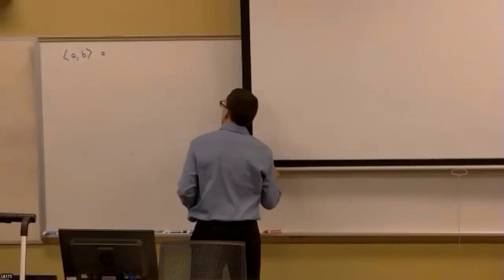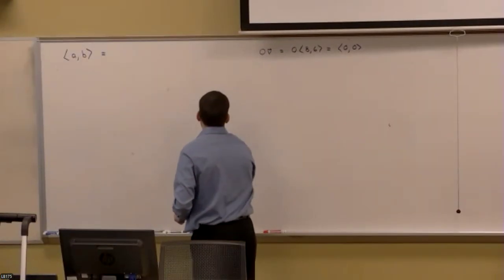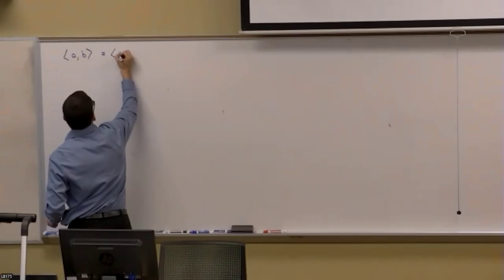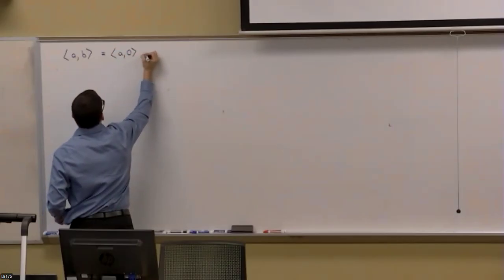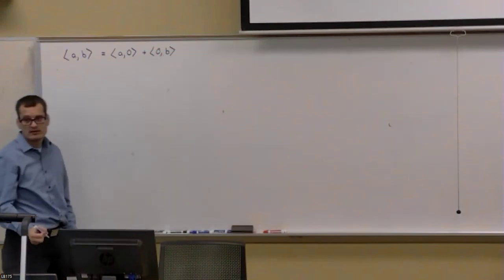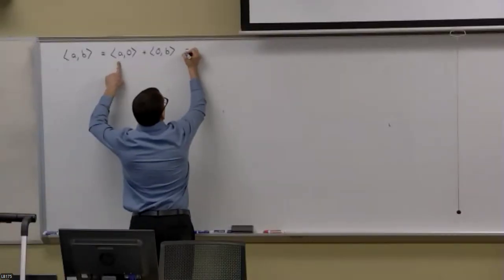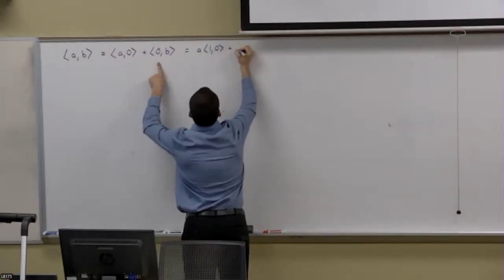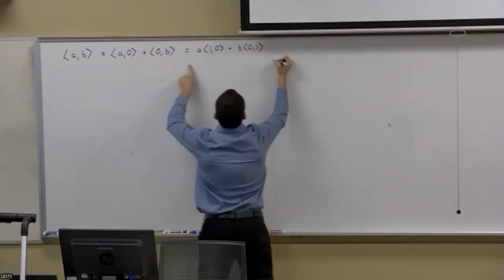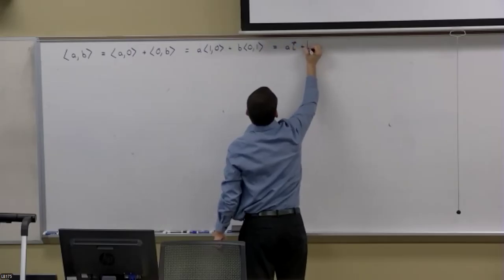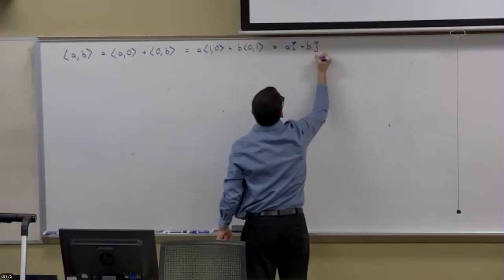Remember what i and j are. i is just 1, 0. So what we're doing is we're thinking of this as A, 0 plus 0, B. This is A times 1, 0 plus B times 0, 1, which is A times vector i plus B times vector j.